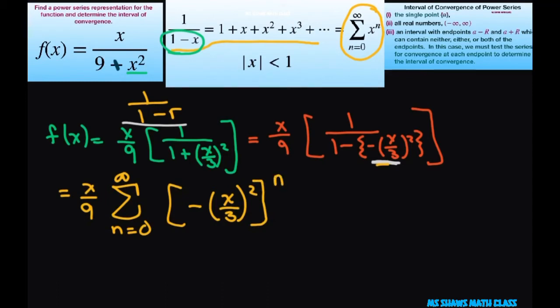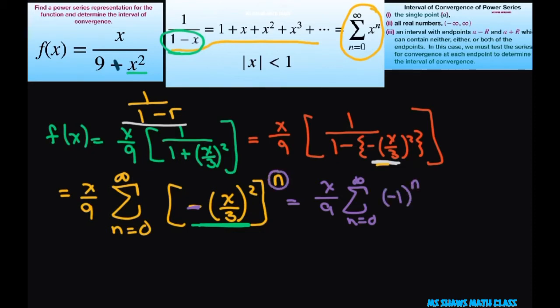All right. Now, this is the part we're going to look at. But I can simplify this further and write this as x divided by 9 times the sum from n equals 0 to infinity, and we'll pull out this negative 1, and that would be to the nth power.